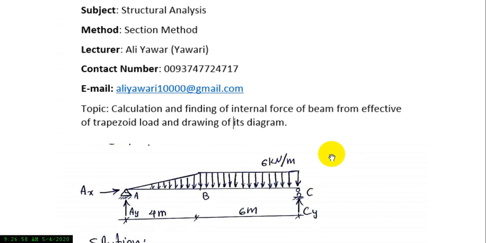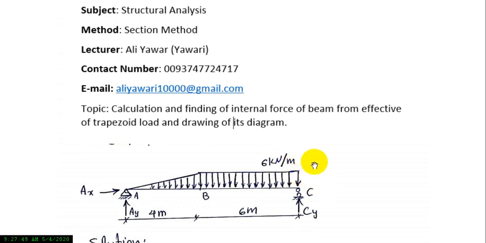As you know, this determinate beam has three unknown reactions, Cy, Ay and Ax, and we also have three static equations: summation of Fx along the x axis equal to 0, summation of forces along the y axis equal to 0, and summation of moment at every point equal to 0. So it's determinate.